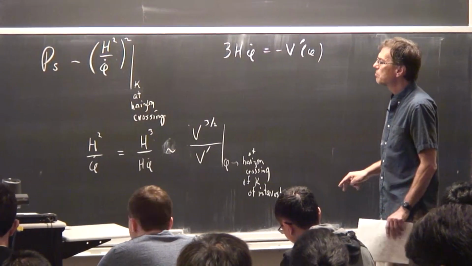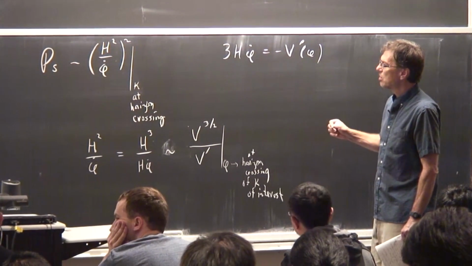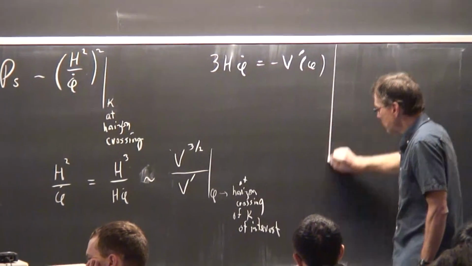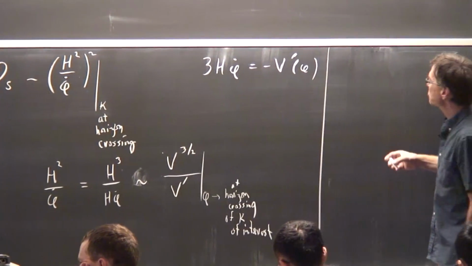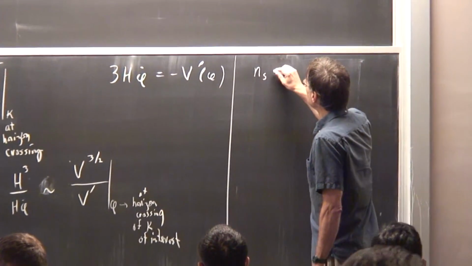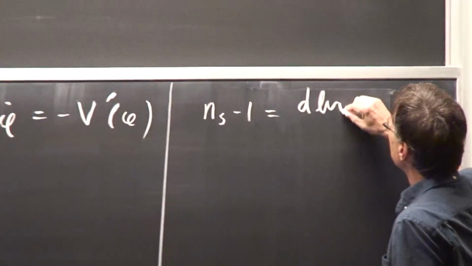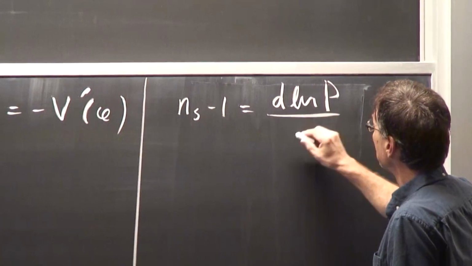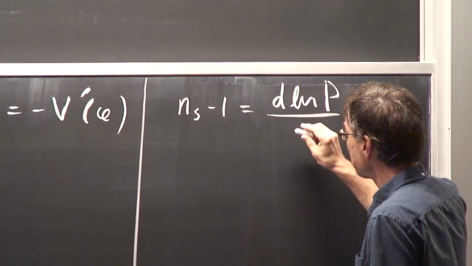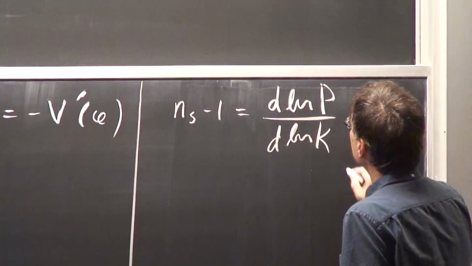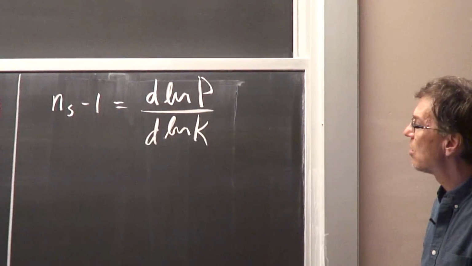But now we can put our formulas together to find out what's the spectral index. Remember, n_s minus 1, that was the logarithmic derivative, d log P, d log k.